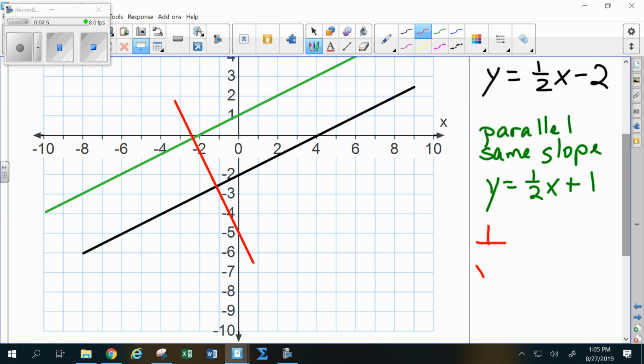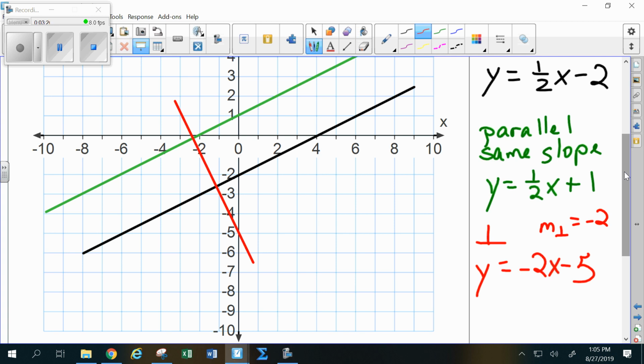Okay, so how did you come up with the perpendicular slope was -2? It is, so we change the sign from positive to negative, we turn it upside down, or we take the reciprocal on that.